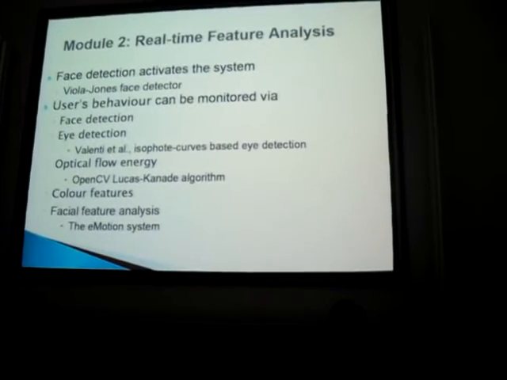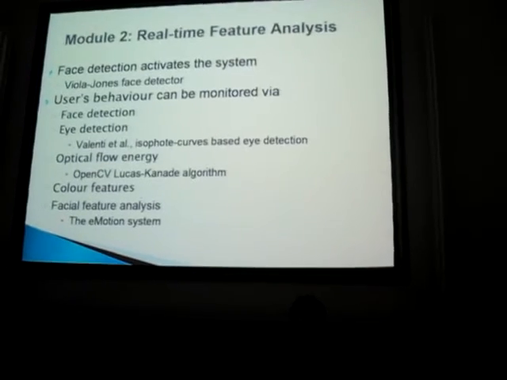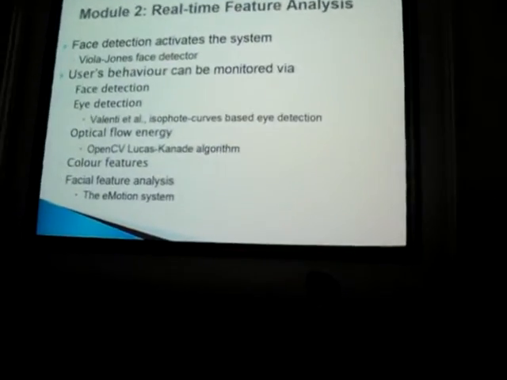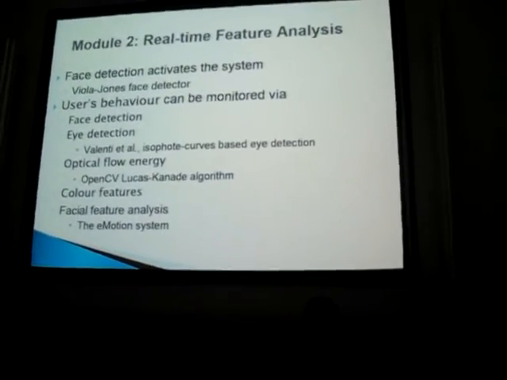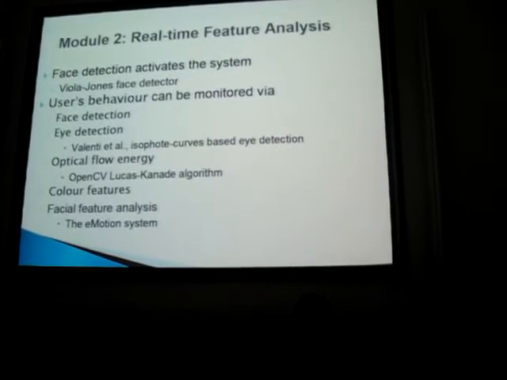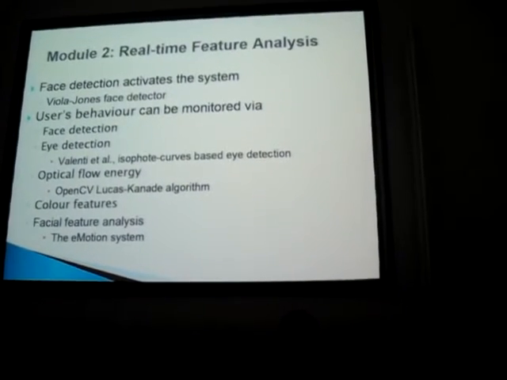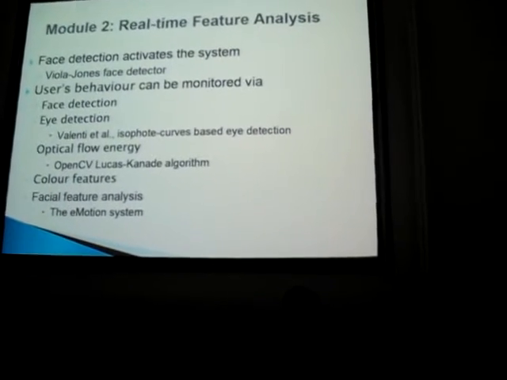We have an eye detection which determines where you're looking. We have the optical flow energy to measure the activity levels. We can use some color features to introduce novel objects into the view and use those objects to activate some segments. And then we also have an emotion system basically for identifying 6 basic expressions.